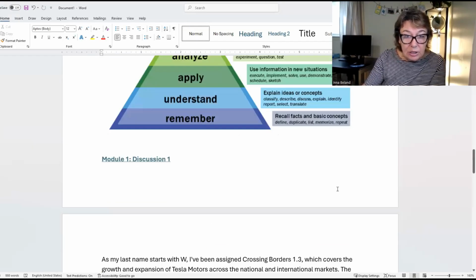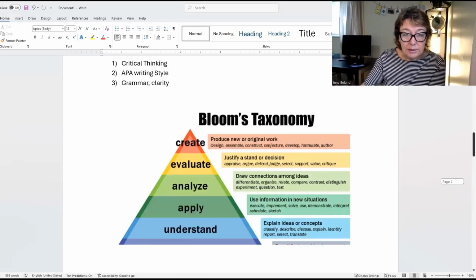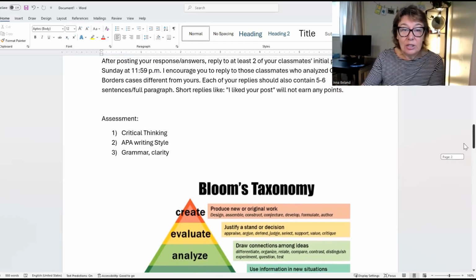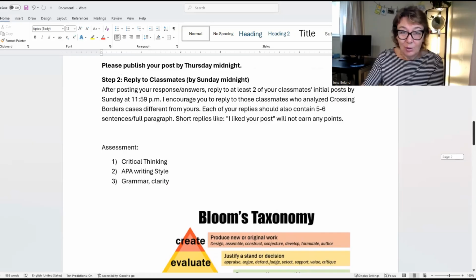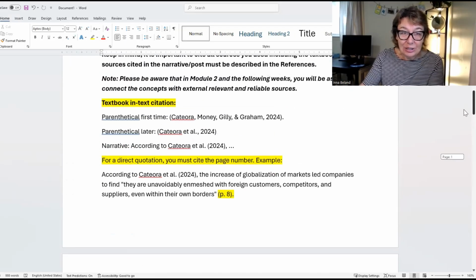Where is explanation? Explanation is on the second level of Bloom's taxonomy pyramid: explain ideas or concepts. It must be clear to your reader, to me, to your classmates, to anyone who reads your post.